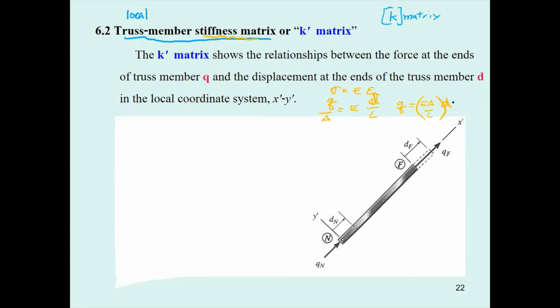But we consider not only one direction, we consider two directions, the near end and the far end. So by doing this, we separate Q into Q at the near end and Q at the far end. The displacement will be the displacement at the near end and the displacement at the far end. So we have to consider this by using the principle of superposition.